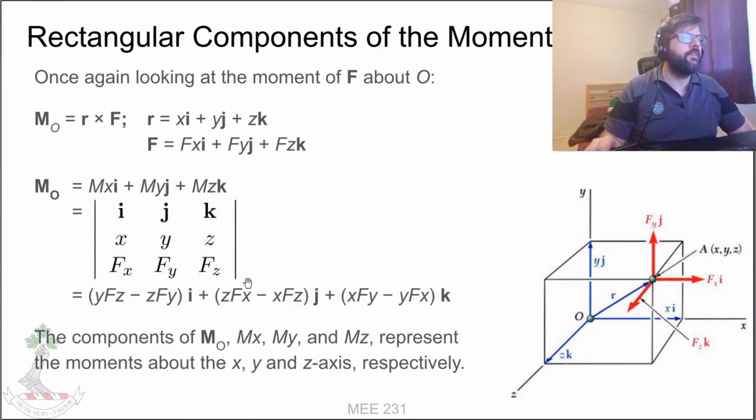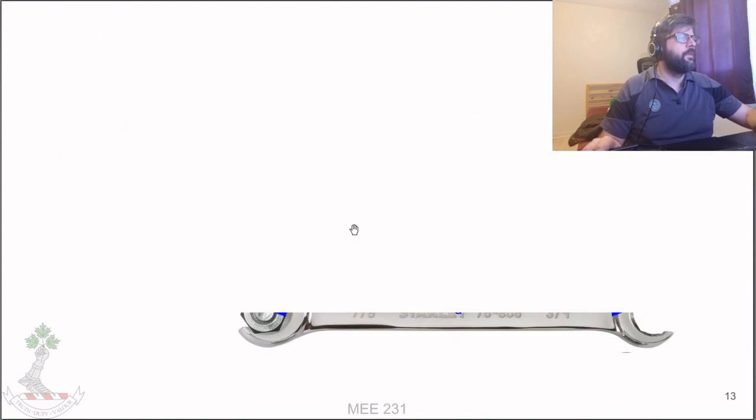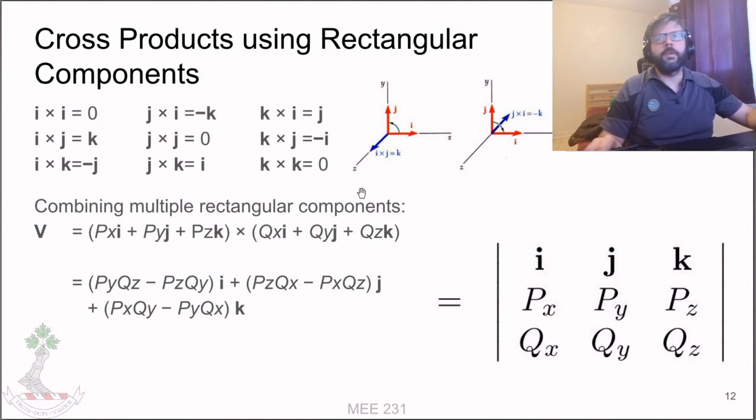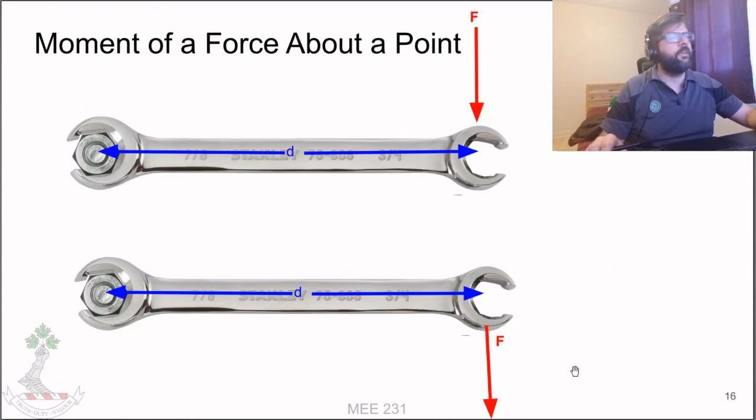Now we're just breaking it up into individual X, Y, and Z components of the displacement vector and of the force vector. So we're doing what we talked about here, but instead of general vectors, we're talking about specific displacement vectors and force vectors in order to get our moments.